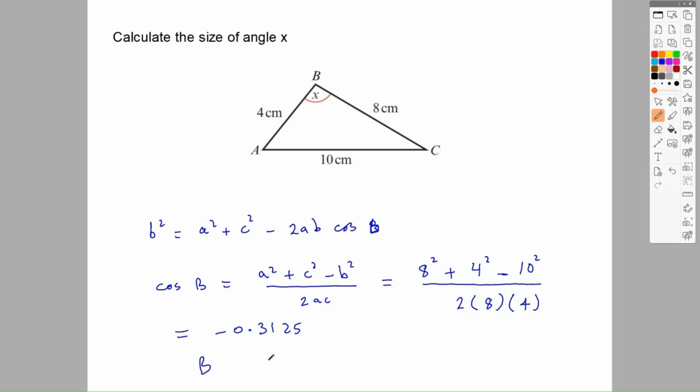So to find b equals cosine inverse of negative 0.3125, and shift cosine negative 0.3125 equals 108.21 degrees. So you can simply write x equals 108.21, or you can label it here.